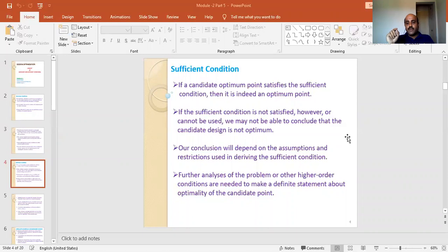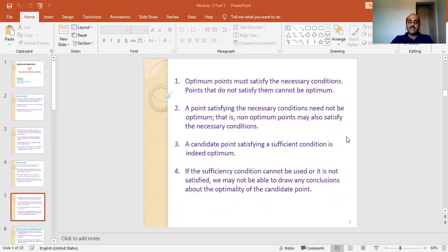So ultimately, the final conclusion here is, if you say a point is an optimum point, it has to satisfy both the necessary as well as sufficient conditions. This is one important thing you're supposed to remember. I think we have certain conclusions at the end here, so I will list them out one by one.